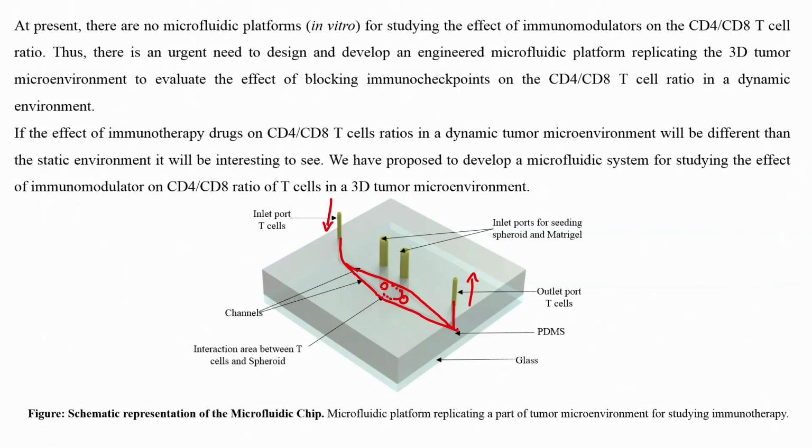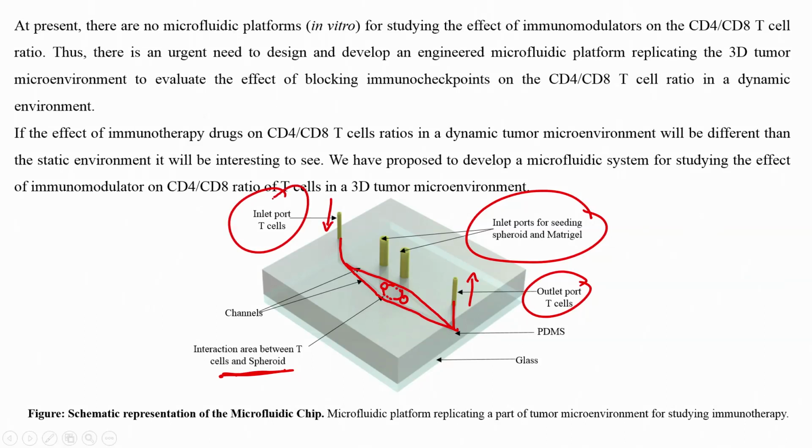In the center, in this region, you can load cancer spheroids. You can see here spheroids are loaded here, right, seeding spheroids with Matrigel. This is the inlet for T cells, outlet for T cells, these are channels.